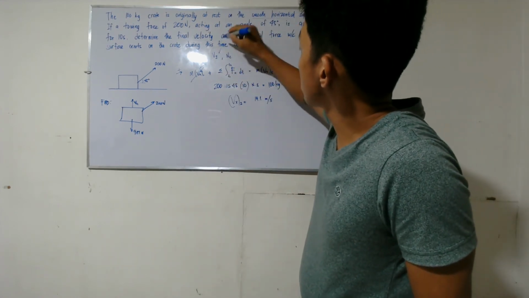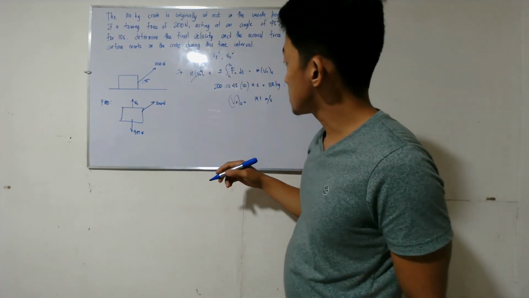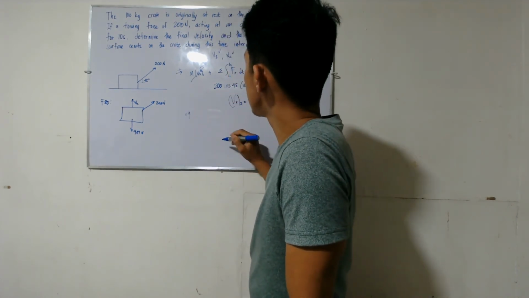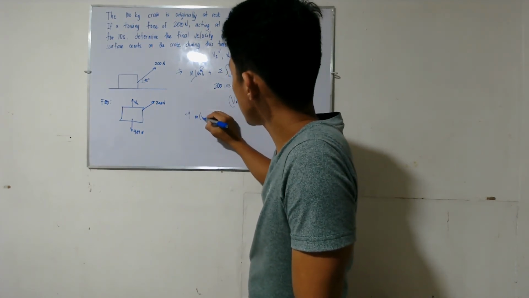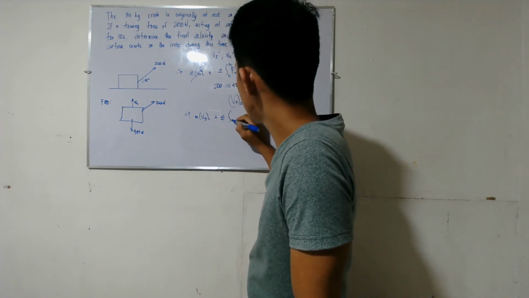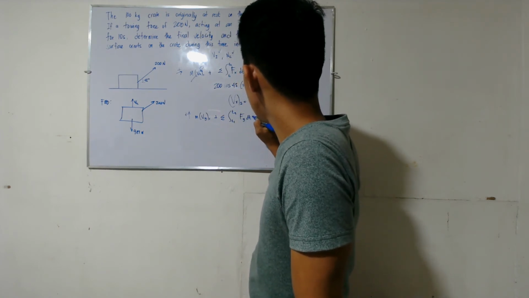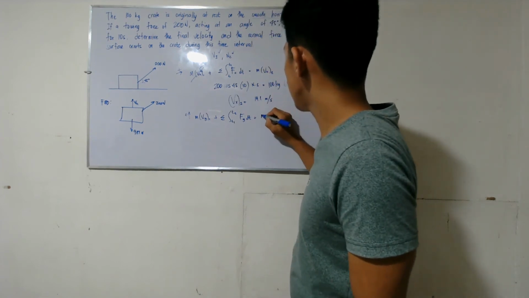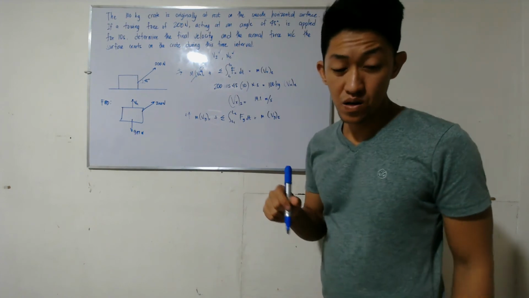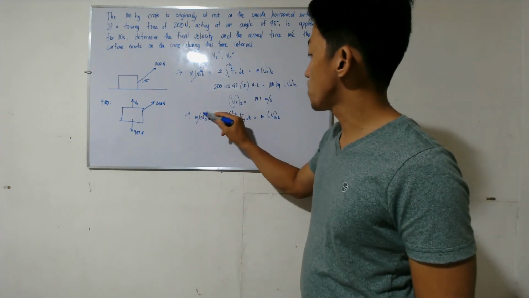The second component that we're going to find is the normal. Again, we can use the principle of linear impulse and momentum. So you have m v sub y1 plus summation of F sub y dt is equal to m v sub y2. Okay, since there is no motion along y, so zero ni.